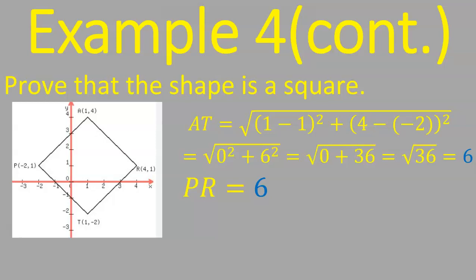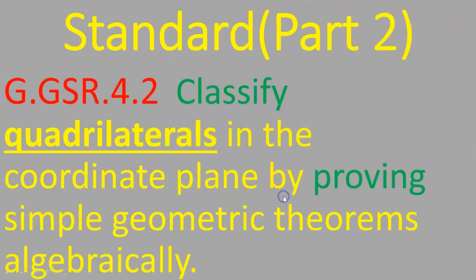For a rhombus, you have 2 choices. Just go 4 distance formulas on the sides, or show that the diagonals both bisect each other and are perpendicular. In a square, it's easiest to go for diagonals being both congruent and perpendicular. The standard says to classify quadrilaterals in the coordinate plane by proving simple geometric theorems algebraically.